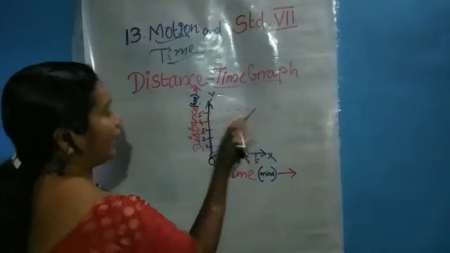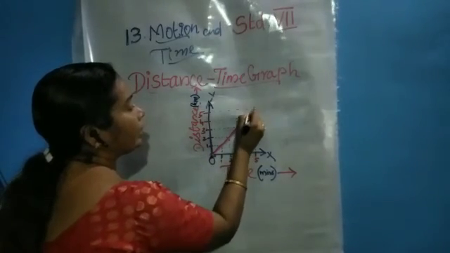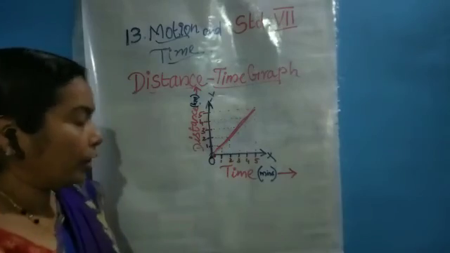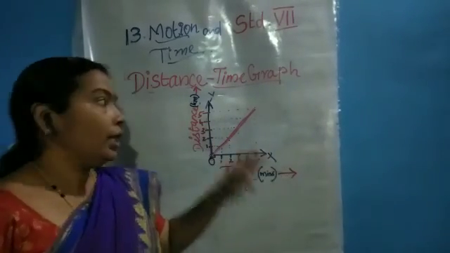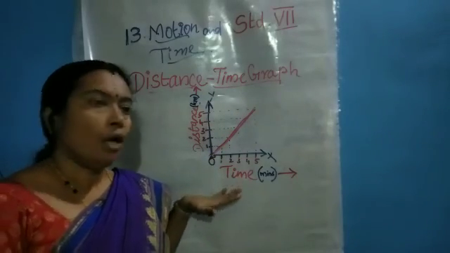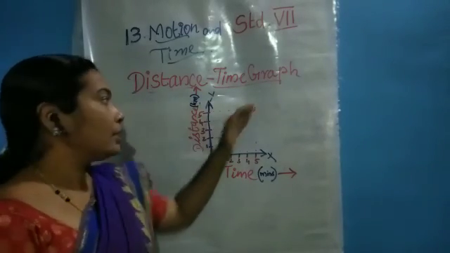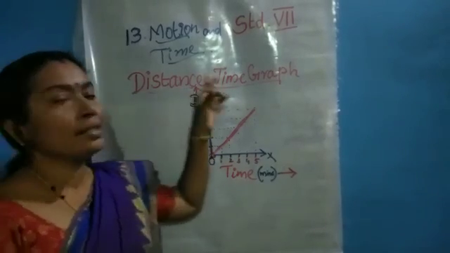So from the origin we get a straight line. So in the distance-time graph, if the object is in uniform motion, then we will get a straight line.